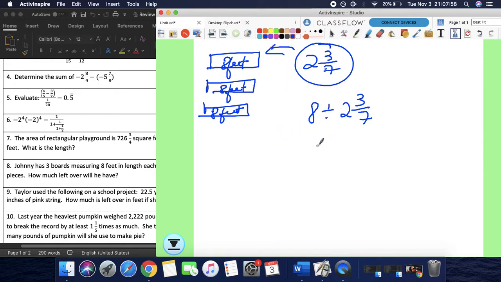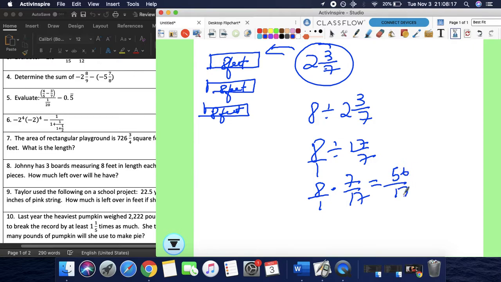Well, out of one board, let's see, 7 times 2 is 14, 14, 17 over 7. We're going to change this to a multiplication, so 8 times 7 over 17. What ugly numbers. That's 56 over 17.